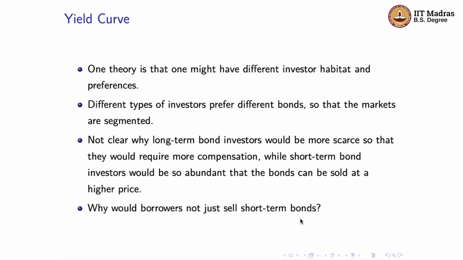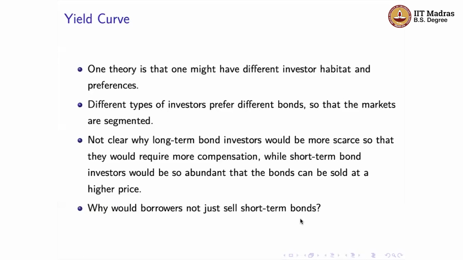Because remember, the implication of this line of thought would be that the interest rate is higher in the long term bond market because you have got fewer people interested in buying this sort of instrument, and hence the interest rate offered has to be higher, right? Equivalently, you also need the short term investors to be so numerous that the interest rates are going to be much lower, and thus the prices of the bonds are much higher, right?